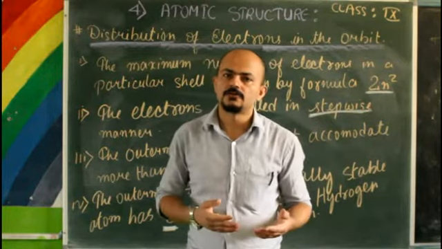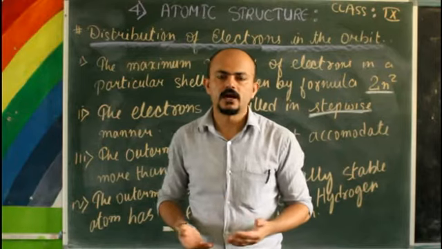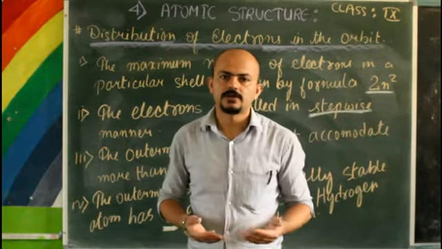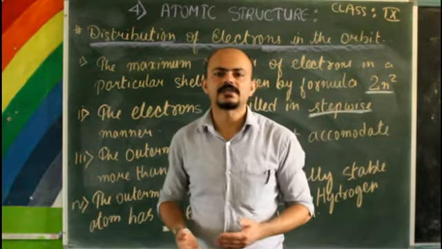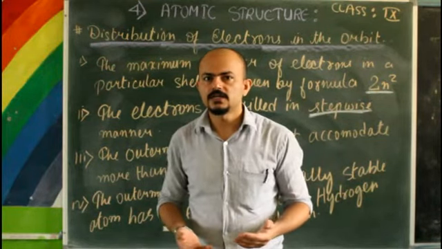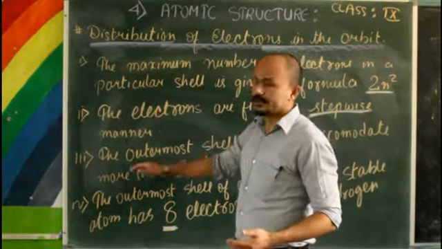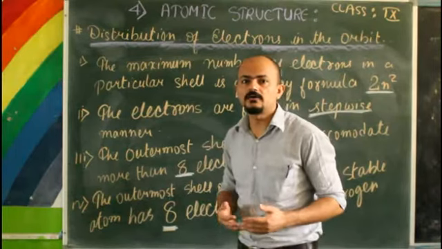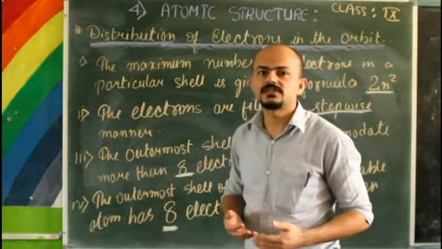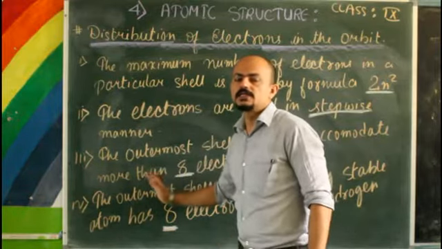And we had discussed mass number, atomic number, as well as how to calculate the number of electrons, protons and neutrons in an atom. So today we will be discussing certain points which govern how these electrons are distributed in an atom. Those points we are going to learn today.